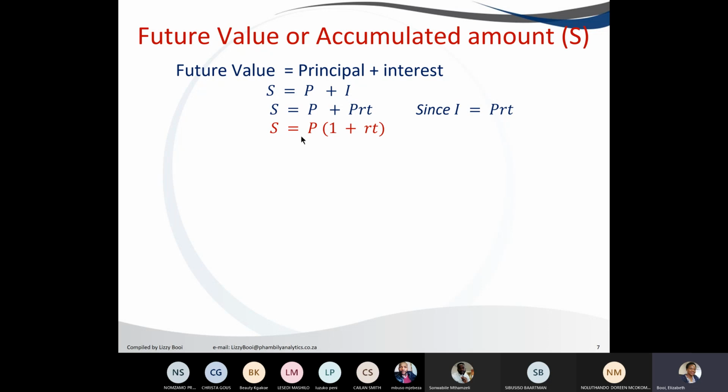This is the formula you will use to calculate the future value, the accumulated principal amount.